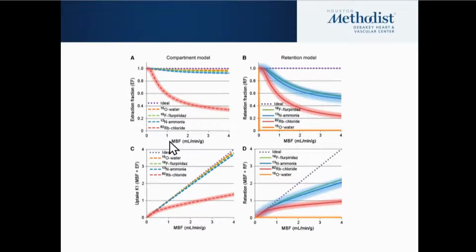O15 water has been validated against microspheres, and then every other radio tracer afterwards, like rubidium and ammonia, has been validated against O15 water. So rubidium has been validated and has been shown to accurately assess myocardial blood flow. It has a roll-off phenomenon, though, that you can see with increasing blood flow.